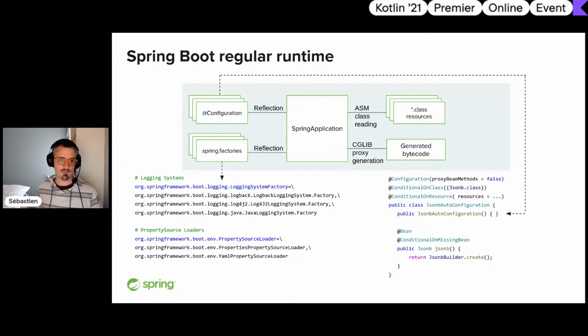It's also going to use reflection to read spring.factories. So Spring factories are similar to ServiceLoader. That's a plugin mechanism that is the basis of Spring Boot. And in a regular Spring Boot application, we are also creating CGLIB proxies at runtime. So that's what happens currently, and what will happen in the future without AOT being involved.